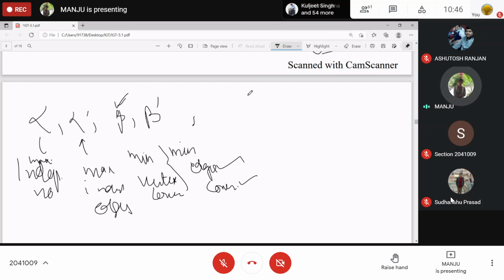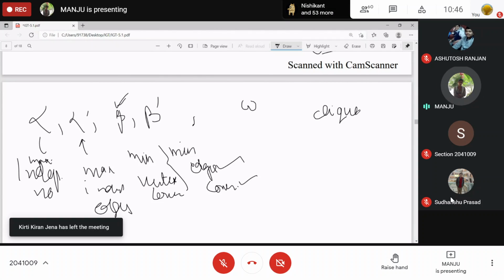Now, one more symbol is added, that is omega. And what does omega mean? We have discussed clique, maximum clique. What was it?